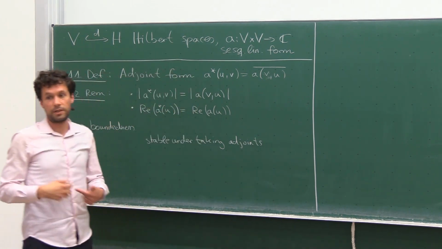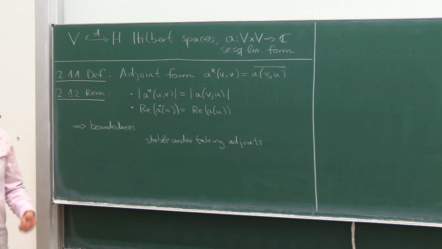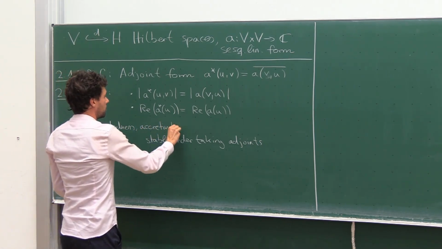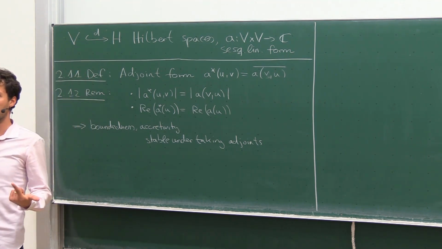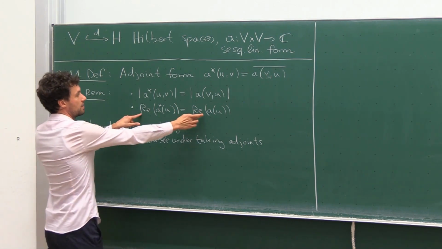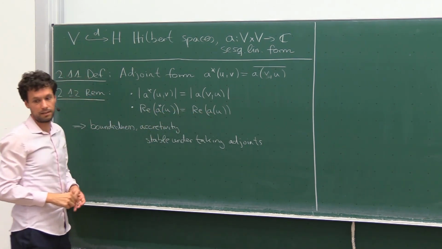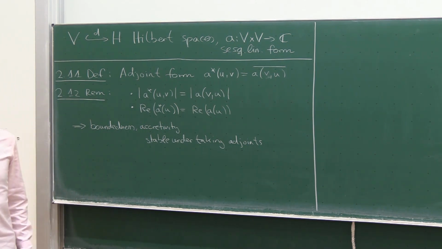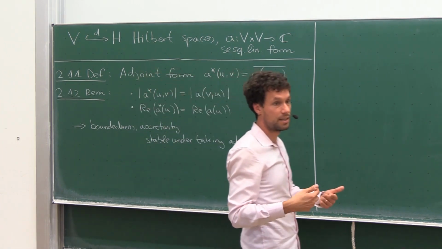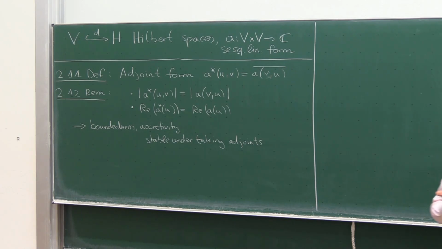And then we had all the other properties which implied something on the real part of the quadratic form. Okay, so we have accretivity, which was saying that the quadratic form is bounded in real part from below by 0. And you see from this that this property is stable upon passing from A to A star. Then what else did we have? We had coercivity, which said that the quadratic form in real part is bounded from below not only by 0, but by the square of the V norm.